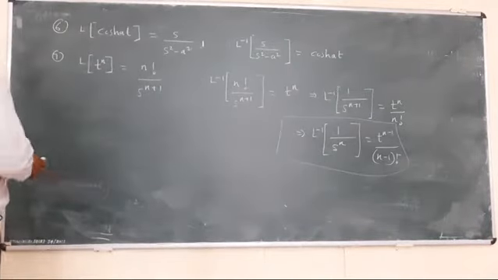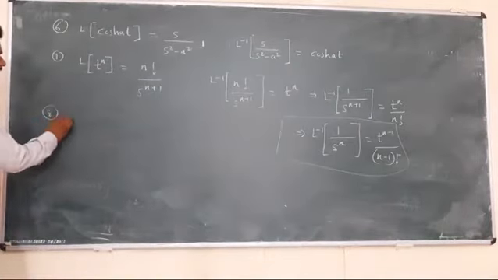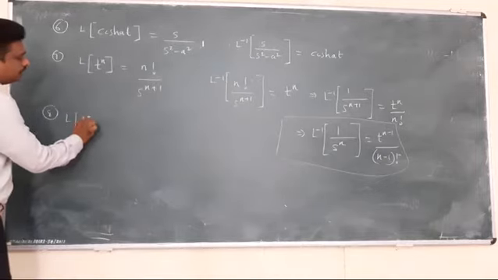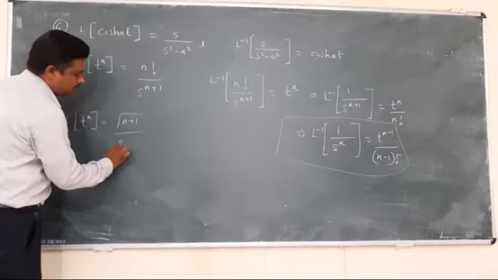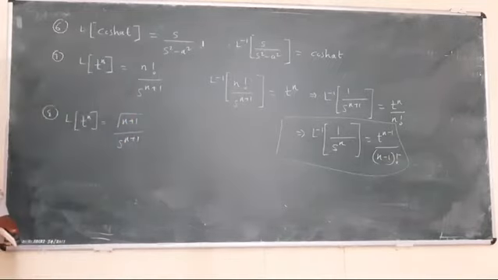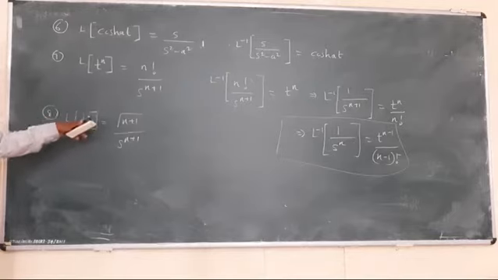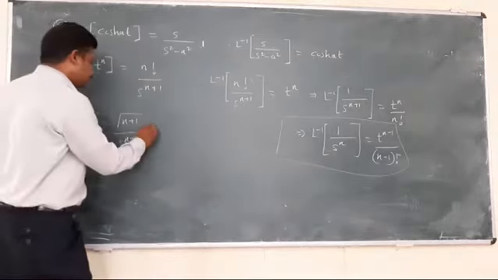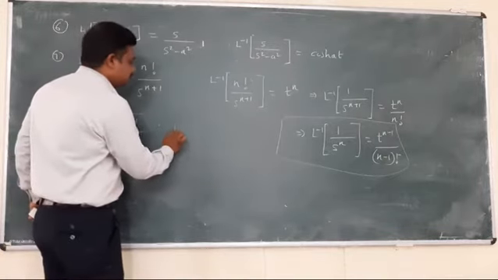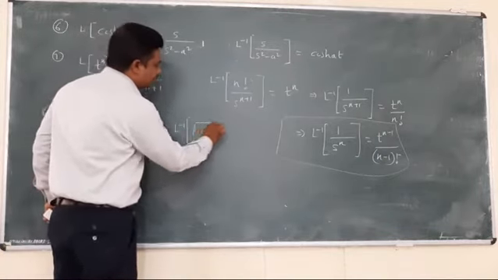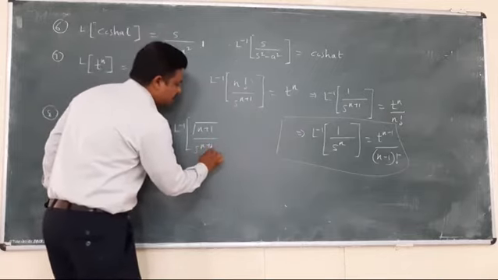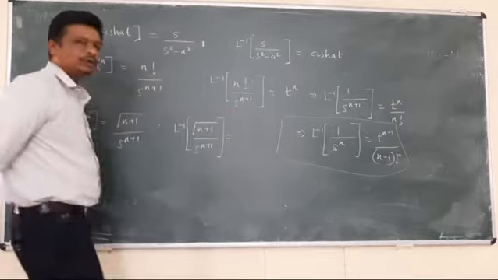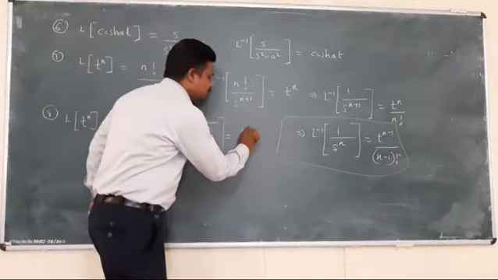Similarly, the next formula is L of t raised to n is equal to gamma of n plus 1 upon s to the power n plus 1. This is for when n is any rational number. So this implies L inverse of gamma of n plus 1 upon s to the power n plus 1 is equal to t raised to n.